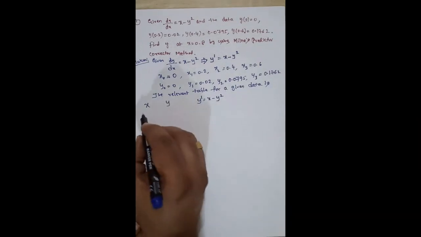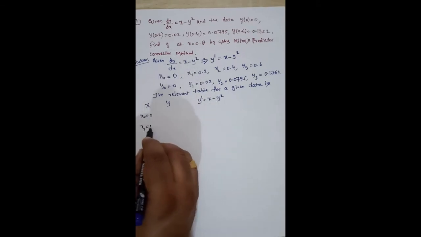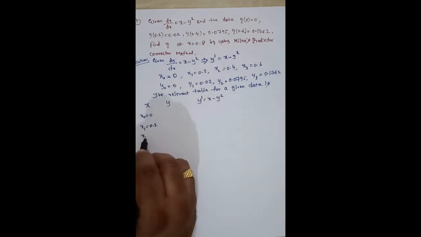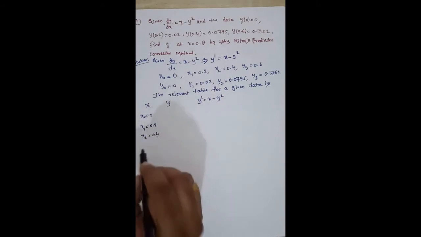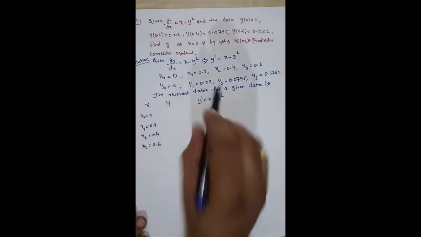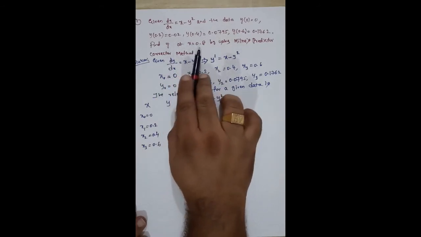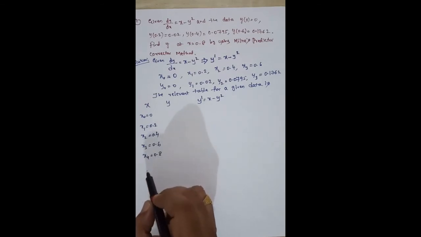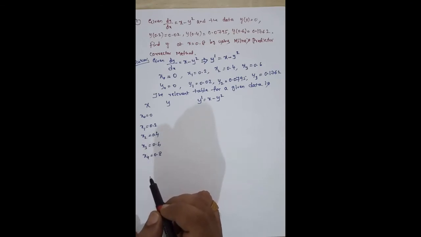And we know x values are x0, that is 0, x1 is 0.2, next x2 is 0.4, then x3 is 0.6. And there is one more point here, so we have to find y at x is equal to 0.8. So this point, let us take it as x4. x4 is 0.8. So x4 is the point where I want a final solution.